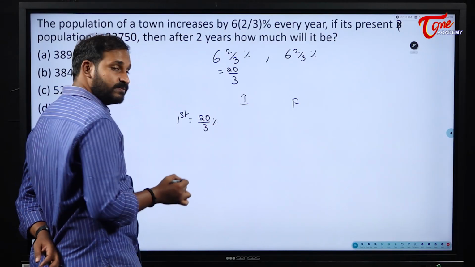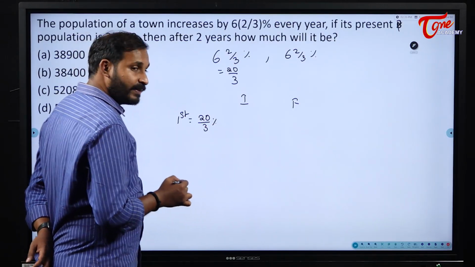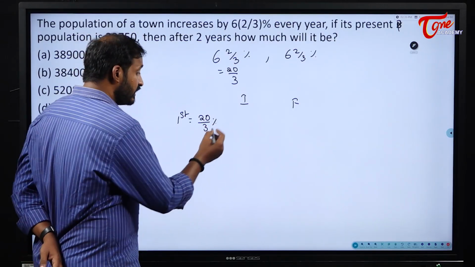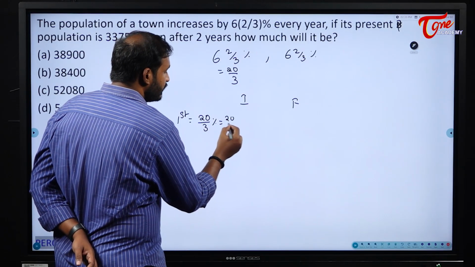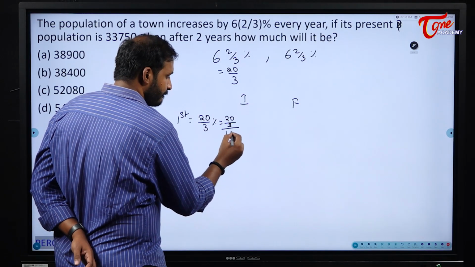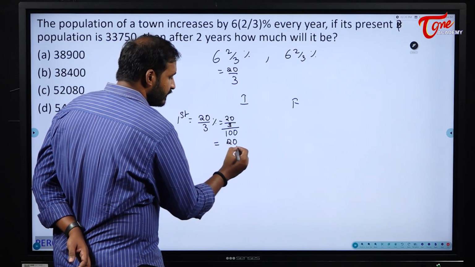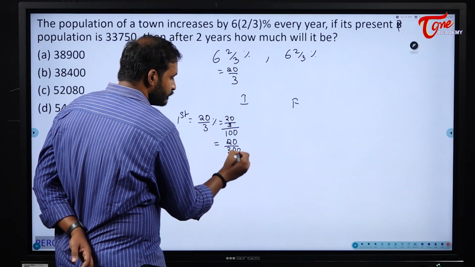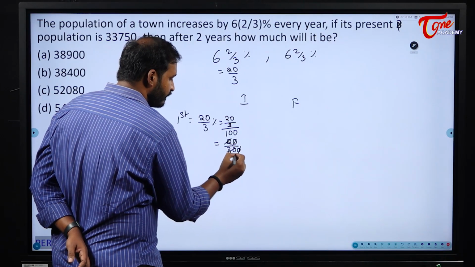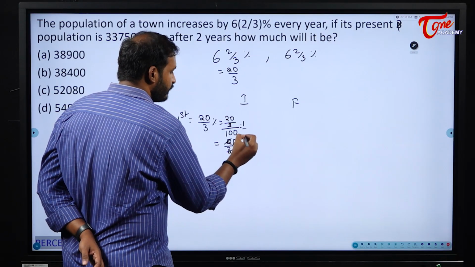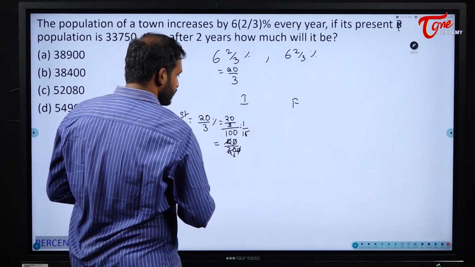This is percentage, please be careful. 20 by 3 percentage in turn becomes 20 by 3 whole by 100, so this value will become 20 by 300. This value is 1 by 15. 1 by 15 is the actual value for us here.